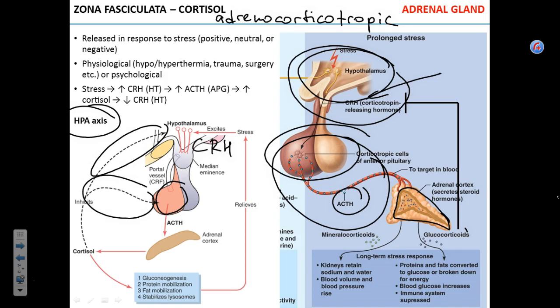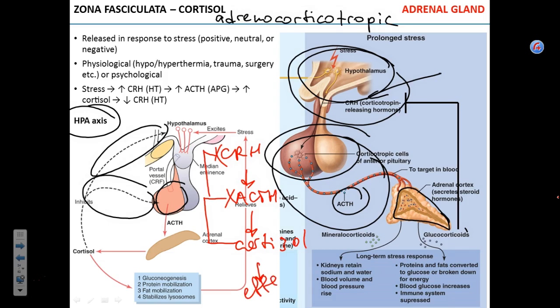Remember, we were drawing the scheme for thyroid regulation? Here it's very similar: CRH, ACTH, cortisol, with negative feedback effects. Do you see the similarity, the same pattern?